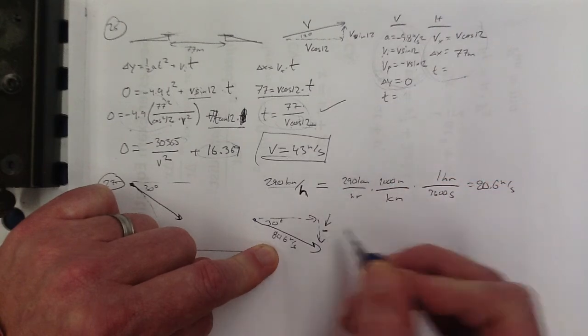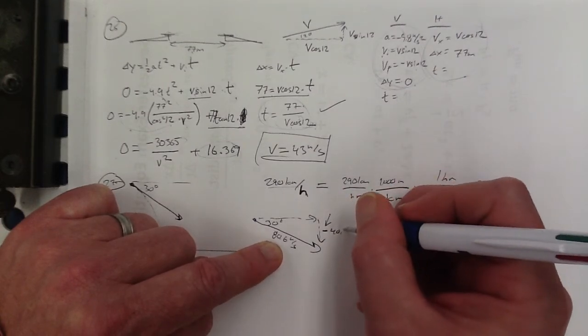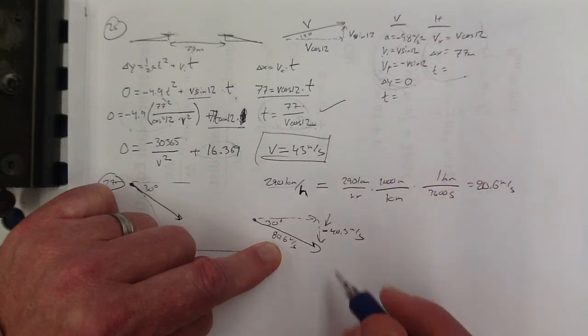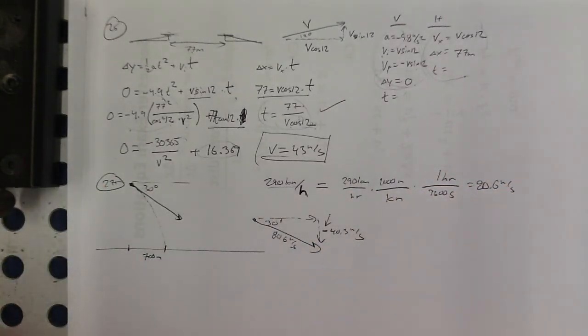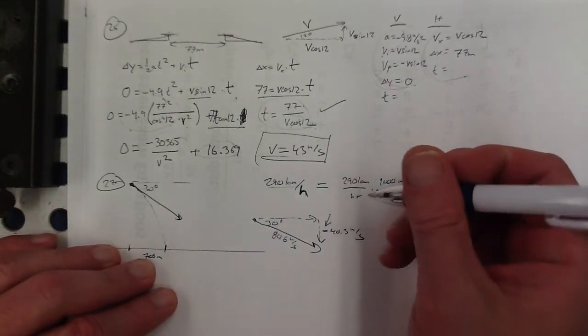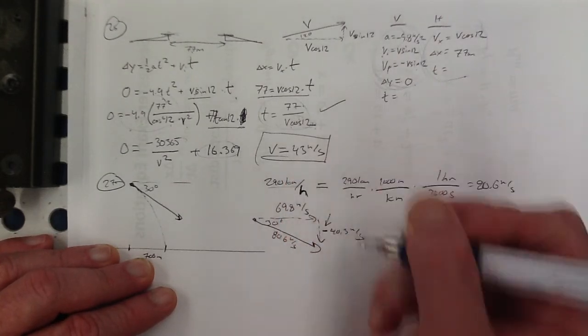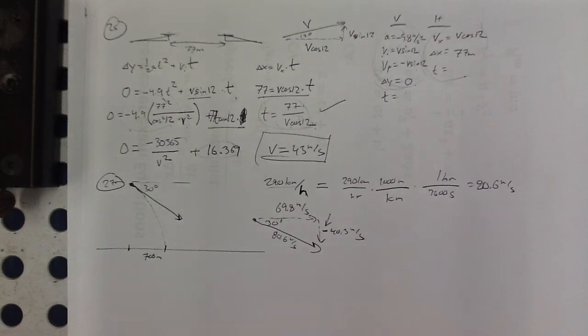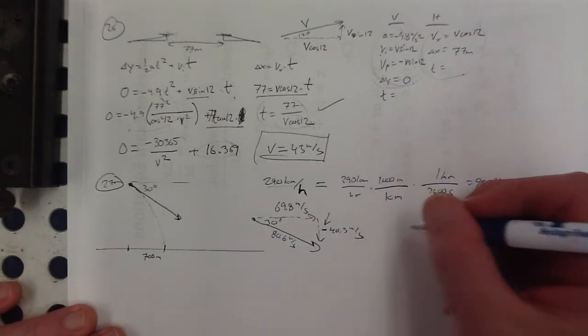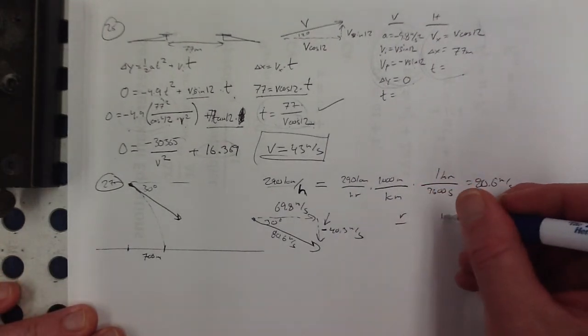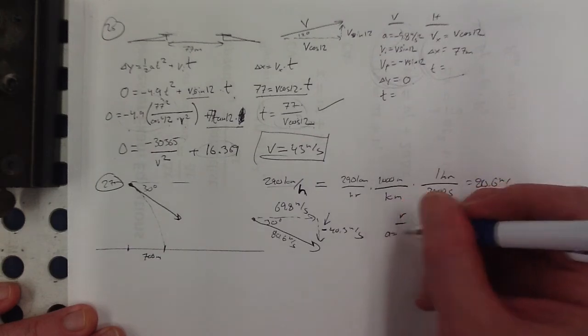Much importance there. 40.3 meters per second. And then here, 80.6 times the cosine of 30 is 69.8. All right, so now I can set up my vertical, horizontal stuff.